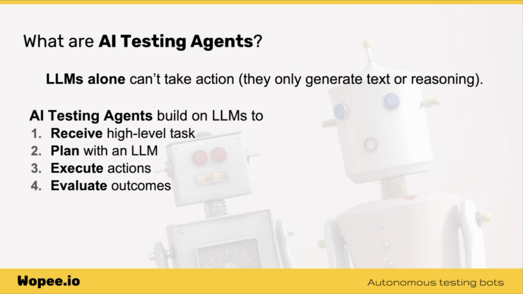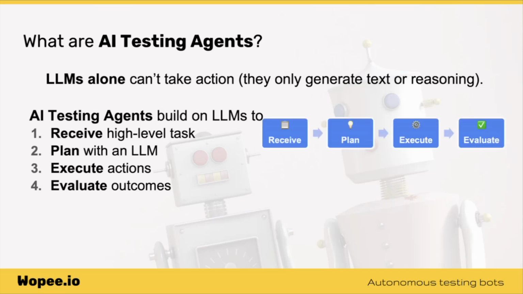But what might be a bit different here is that we are starting with a high-level task. We plan it with an LLM, which means we decompose and structure it, and then we execute the actions and then evaluate the outcomes. So these are basically four steps which could go over and over and iterate. And this is how AI testing works.